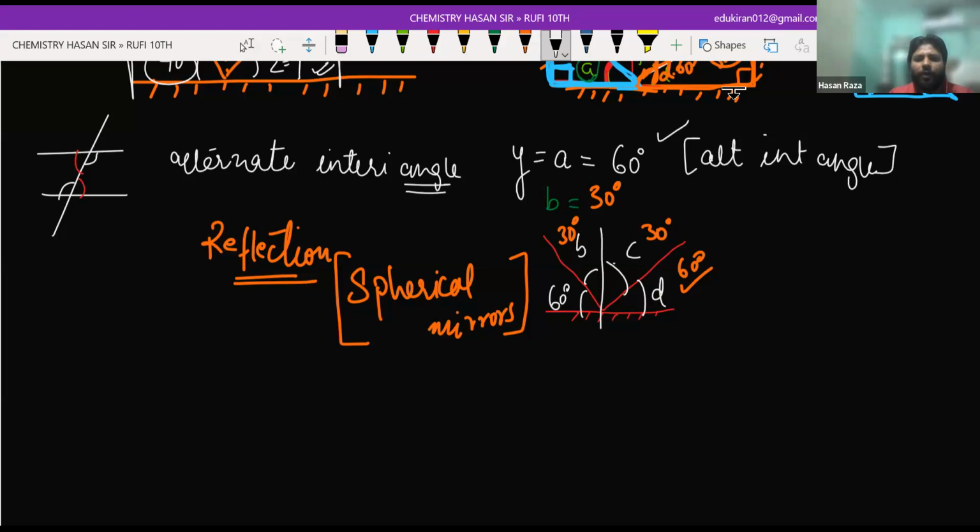And you also know the rules to draw the image, right? Like if you have a concave mirror like this, and this is your pole, this is your focus, this is your center of curvature. So if a ray goes parallel to the principal axis, it will pass through focus. This rule, are you aware of this?